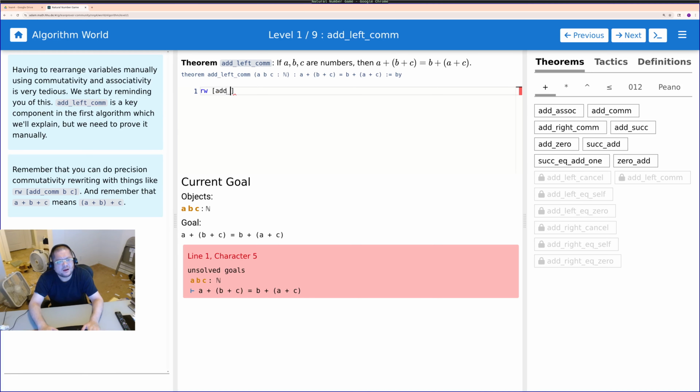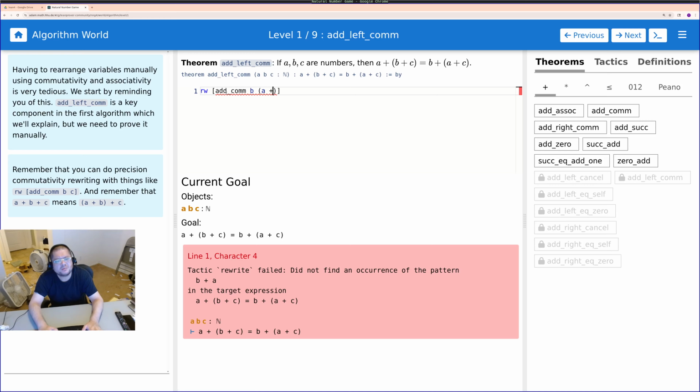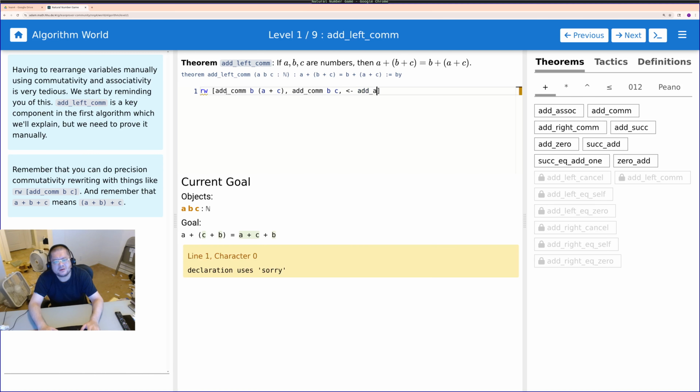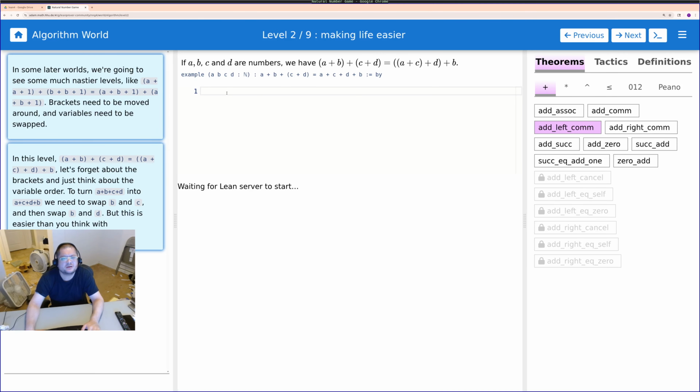Rewrite could be A plus C. Wait, ACB, this one. We can do B and C, and then associative. Okay, great.